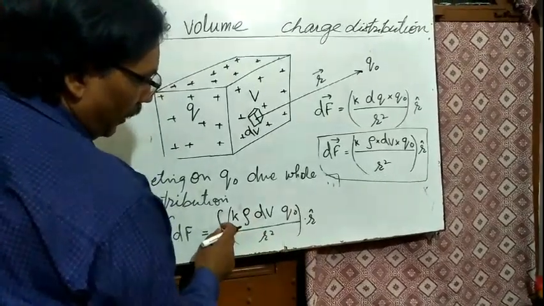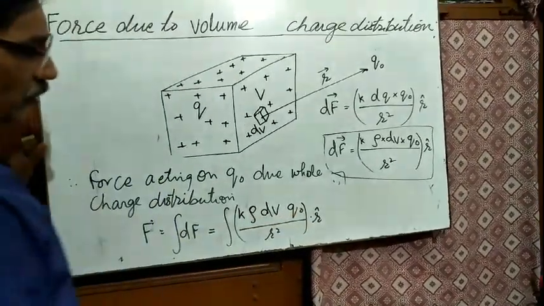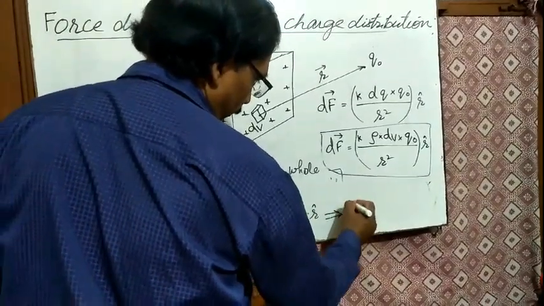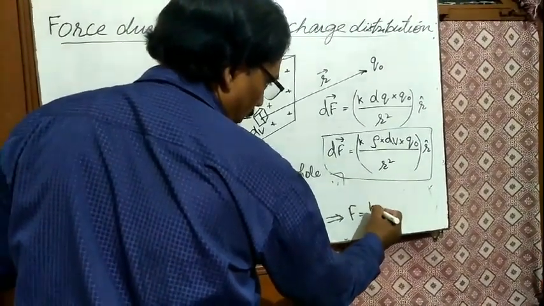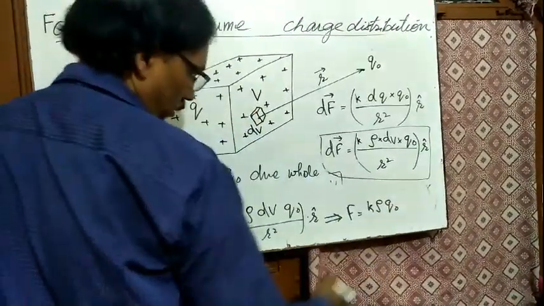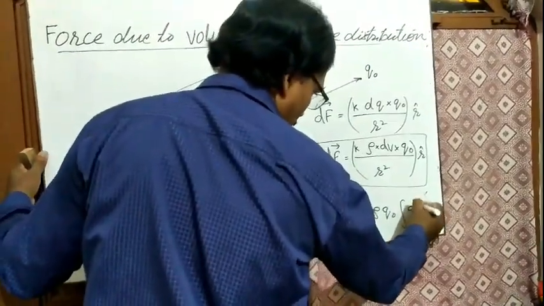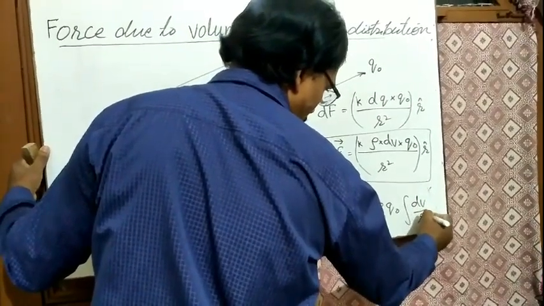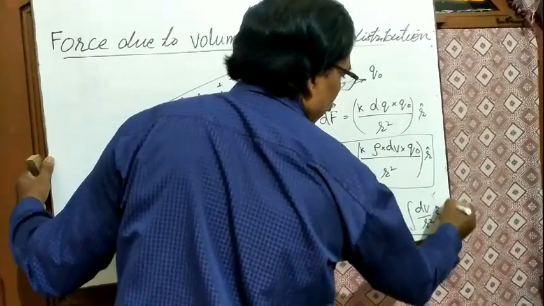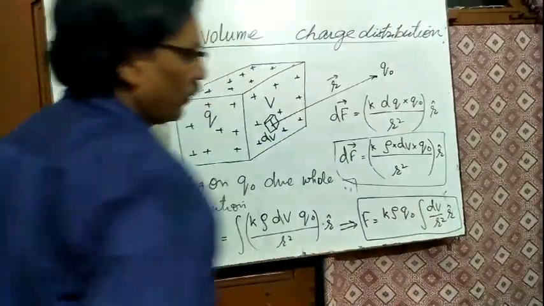We will take K rho Q naught out. So we have F is equal to K rho Q naught integral dV upon R square R cap. Clear?